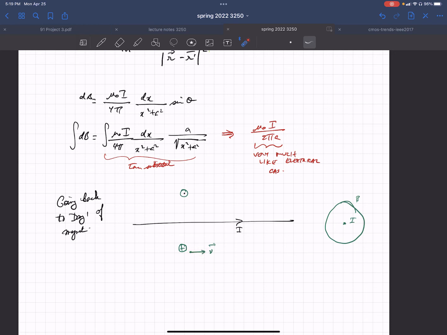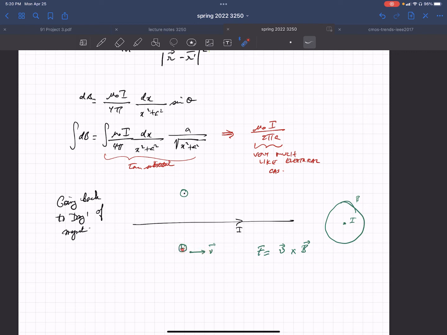When this velocity takes off, the force on this charge is going to be the cross product of the velocity with the magnetic field.